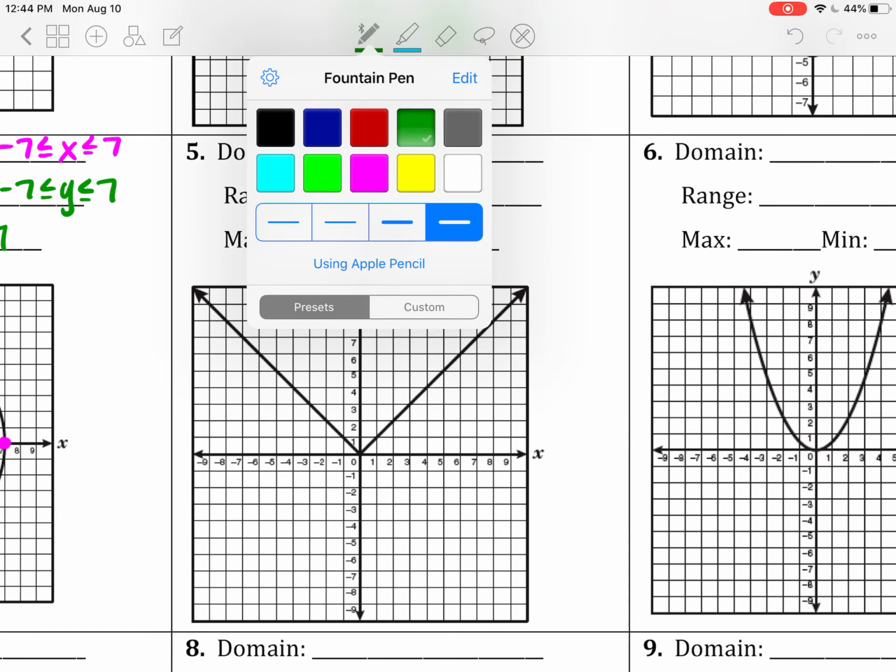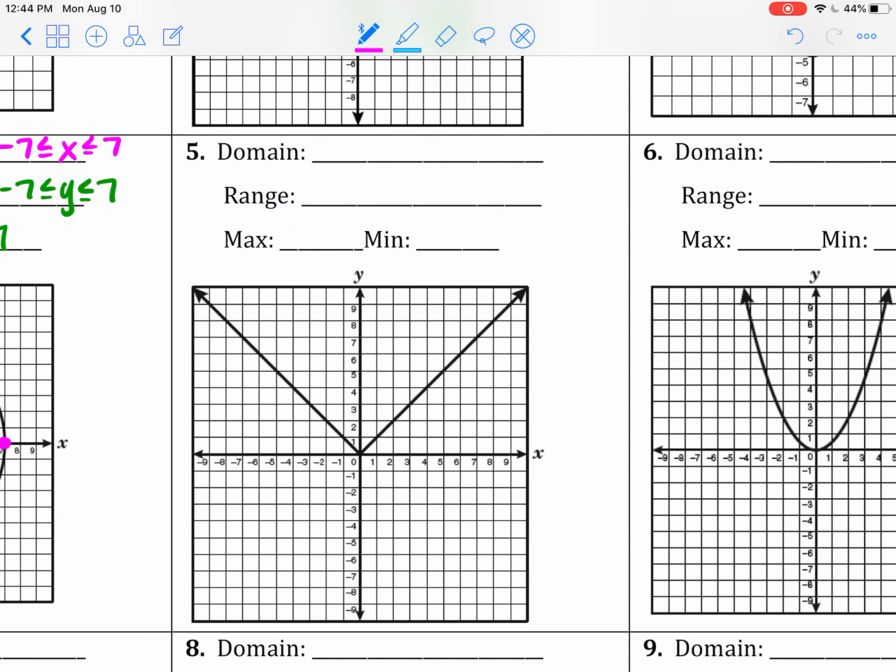And so for domain, switching to pink, as we scan from left to right, this function is going up forever, but it's also going to the left forever. And so this function is going off to -infinity, and then it's going to the right forever, so to +infinity.